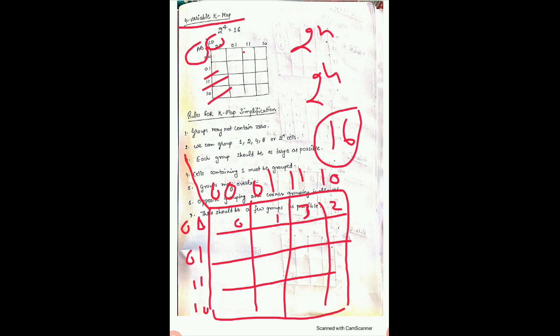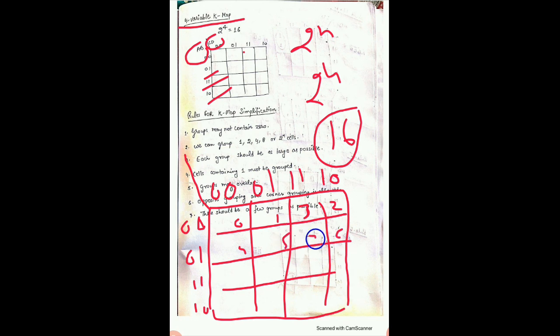Okay, there is a standard that the first cell is denoted as 0, then this is 1, then this is 2, this is 3. If the question is given in the sum of product form and product of sum form, then we give it as 1, 2, comma 3.